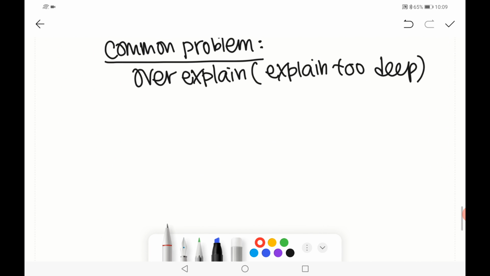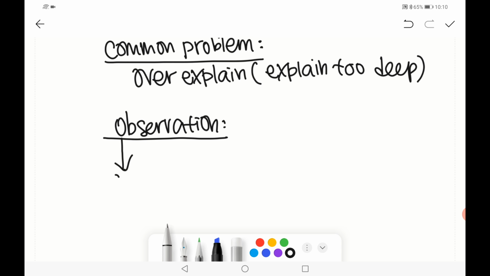Guys, in chemistry, observation is always related to your 5 senses. The first one that we have is what we can see.